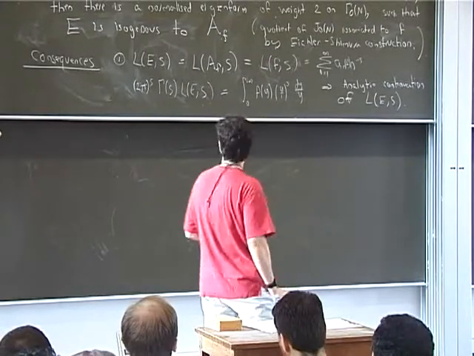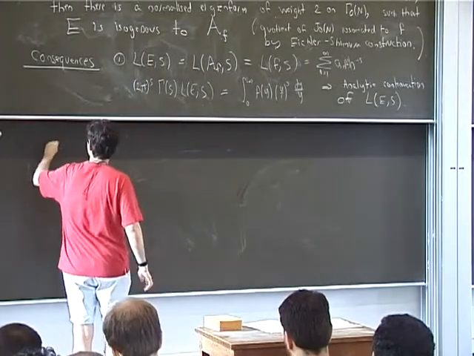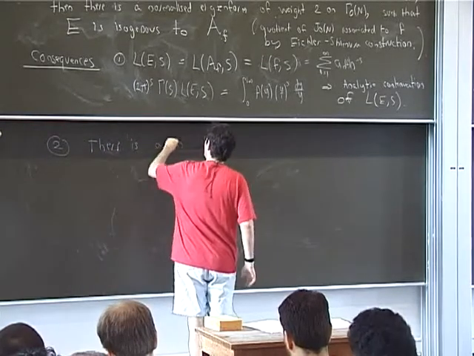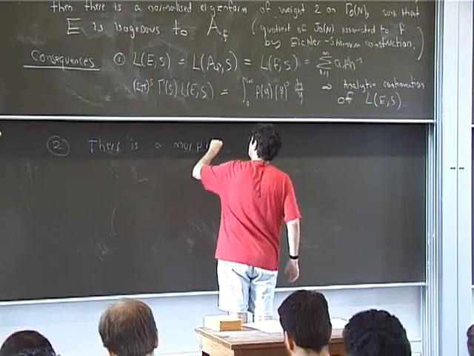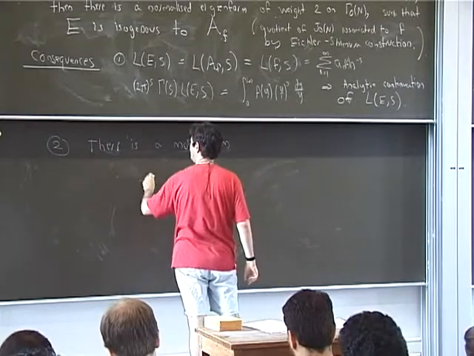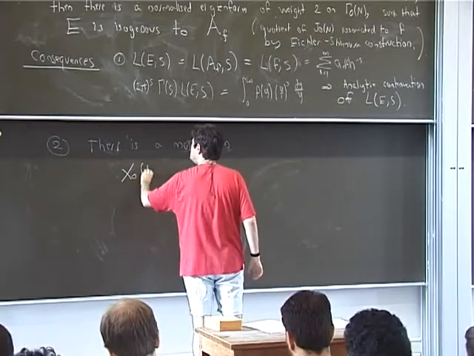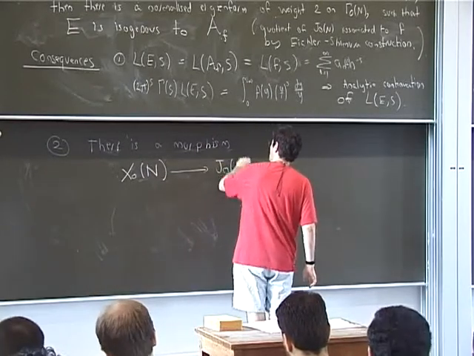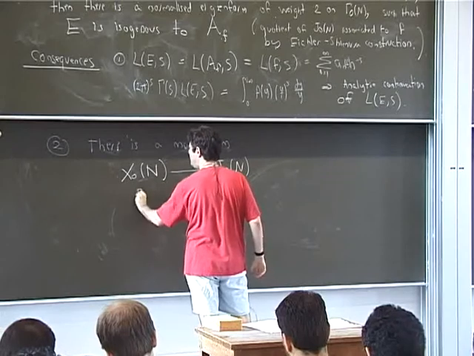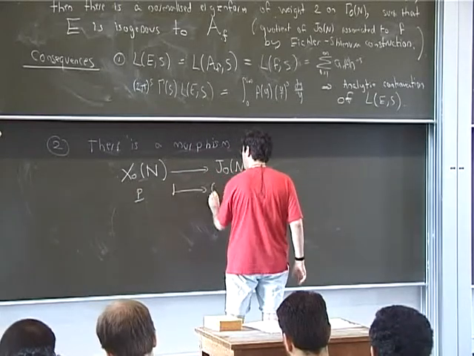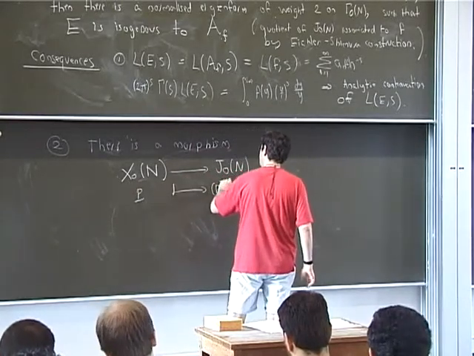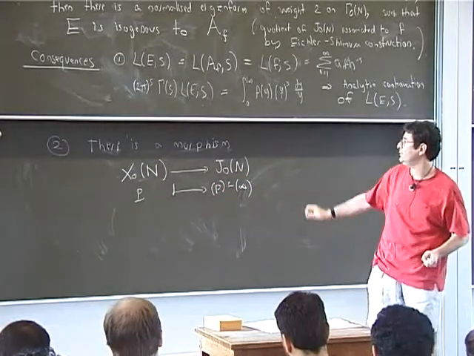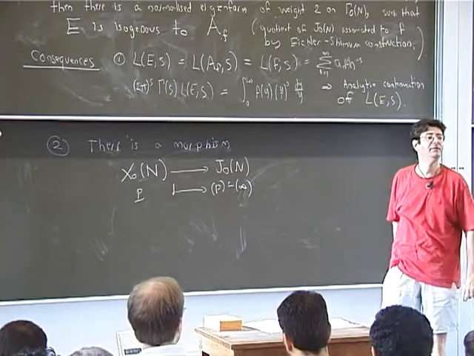Okay? So the second consequence is that there is a morphism. Well, obviously, I can embed the modular curve X naught of N in its Jacobian by taking a point P to the equivalence class of the degree 0 divisor P minus infinity, where infinity is the distinguished cusp corresponding to i infinity.